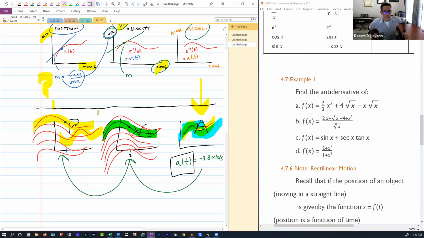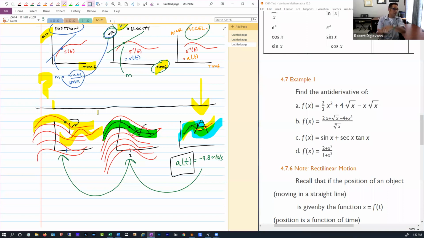So in summary, in Cal 1, if you start with position, you can get the velocity function, and there's no question about what it is. It's only one function. You've got it. You don't have to do any more work. Then you can take the derivative again and get the acceleration function. That is the one.